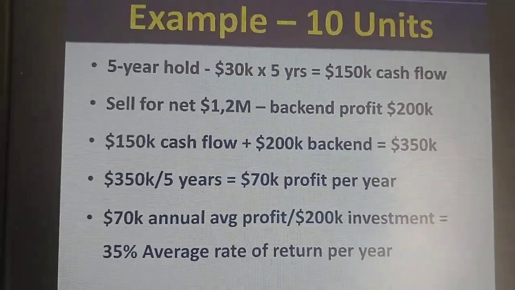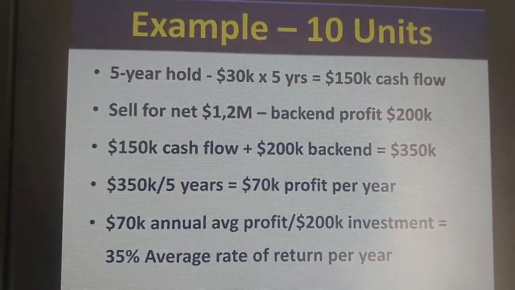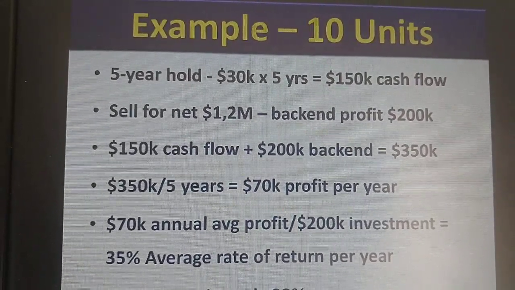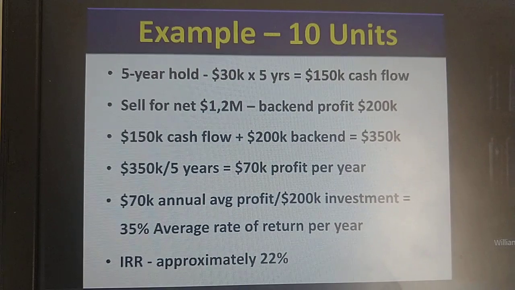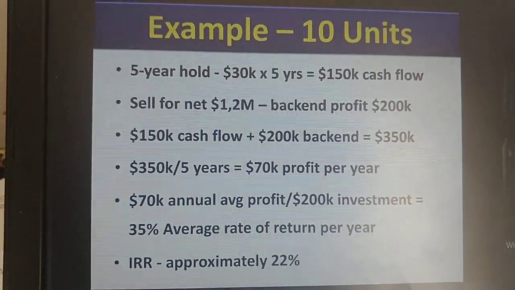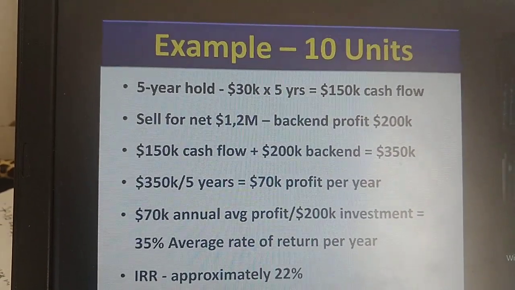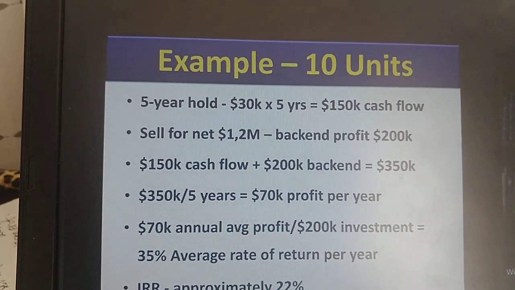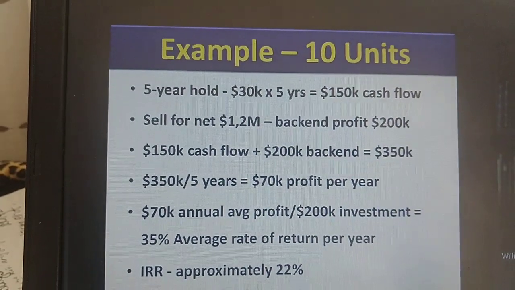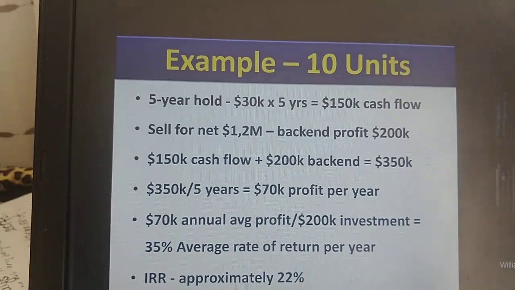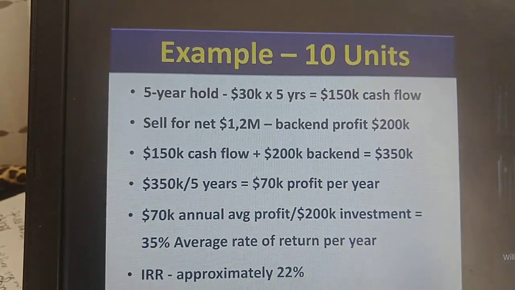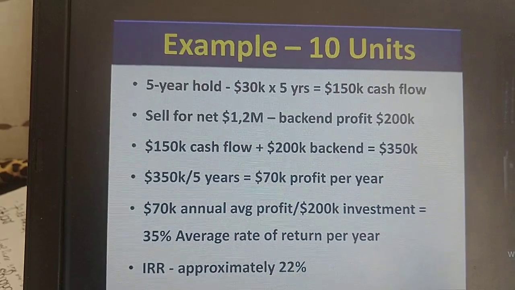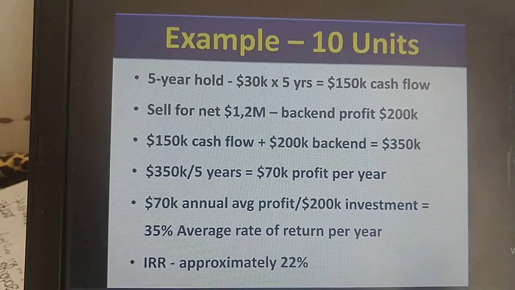Now we have to discount it to its present value to get the IRR, internal rate of return, which, take my word for it without plugging it into a financial calculator, is about 22%. That means you invested $200,000 in this thing, and after 5 years, you earned an internal rate of return of 22% per year for 5 years.